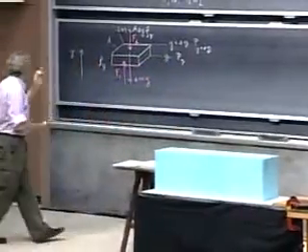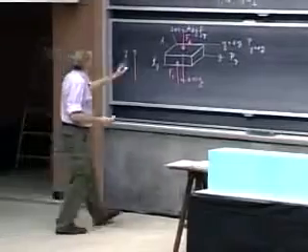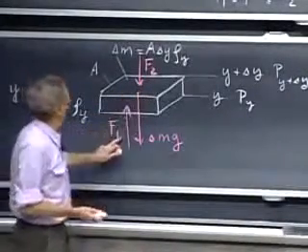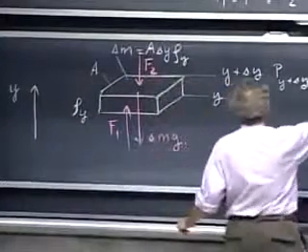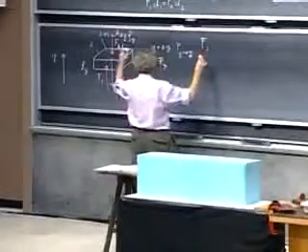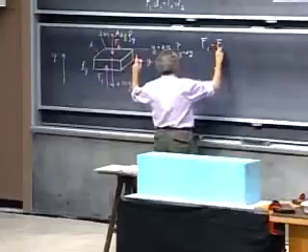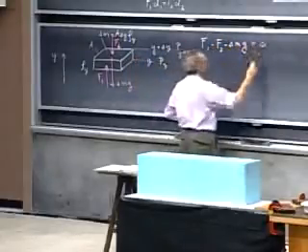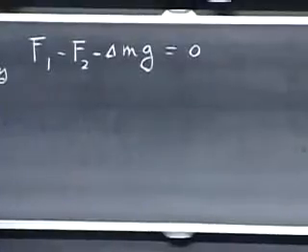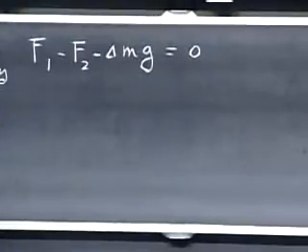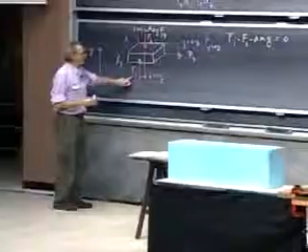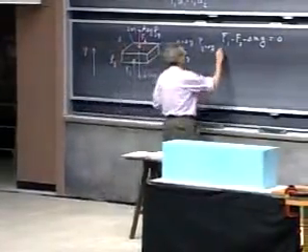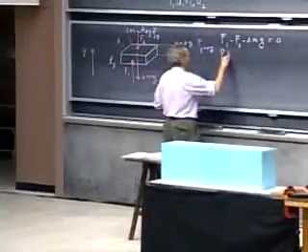So now there has to be equilibrium. This fluid element is not going anywhere, it's just sitting still in the fluid. And so I now have that F1, which is in this direction, minus F2 minus delta m g must be 0. Only then is the fluid element in static equilibrium. But F1 is this pressure times the area, so that is P at level y times the area.